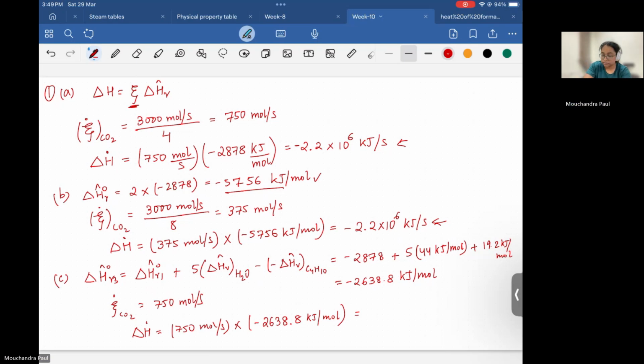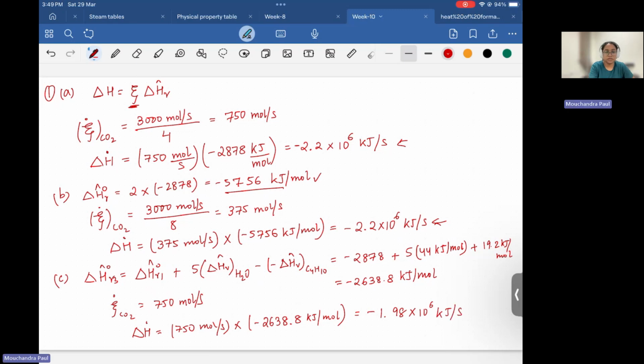It will be 750 minus 1.98 into 10 to the power 6 kilojoule per second.